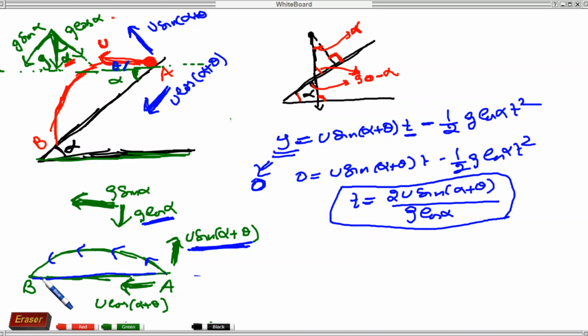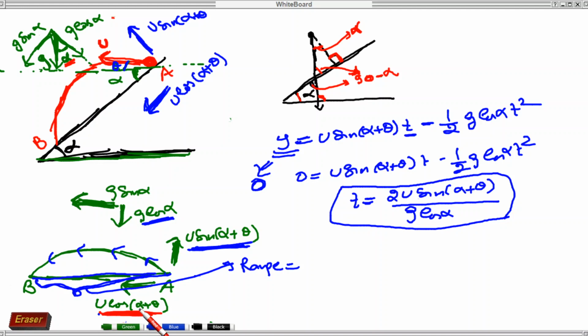Now what would be the range? This AB is our range. That will be equal to the horizontal component. You can see here that g is along the direction of velocity, so it is going to increase our horizontal velocity.